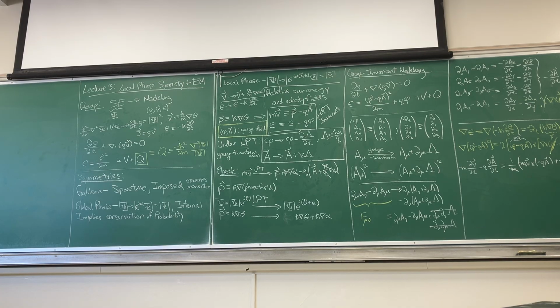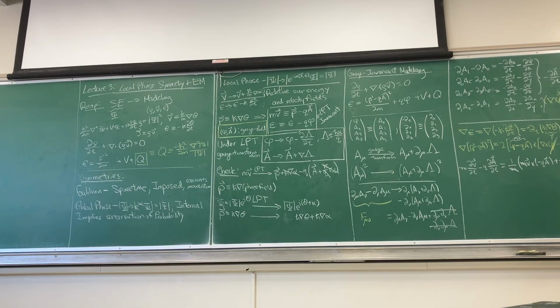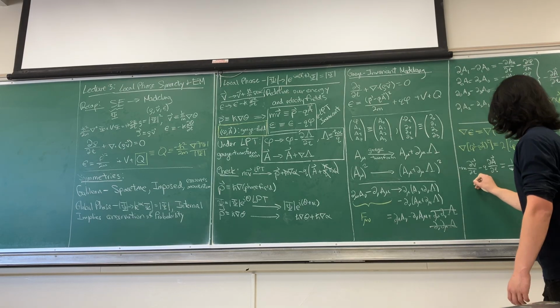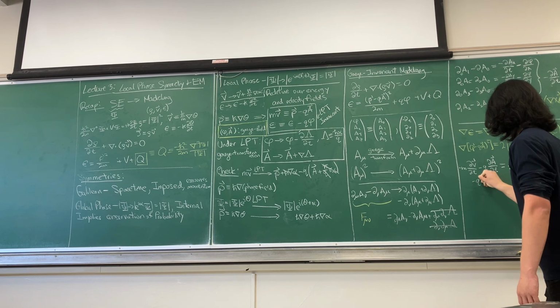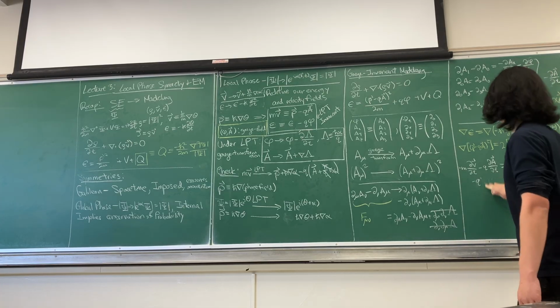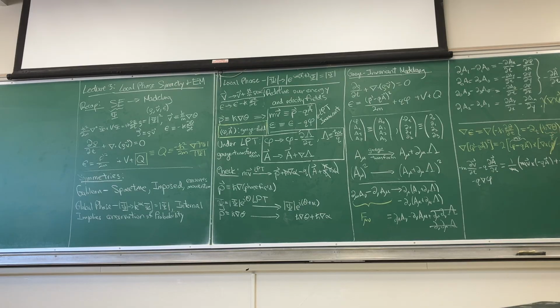wait, my bad. There's one other thing I forgot to do, because remember there's a phi in this. So I should have written on this side minus q gradient phi. Sorry, not gradient. Great. So there was a minus, sorry, is that clear? I did that ad hoc.